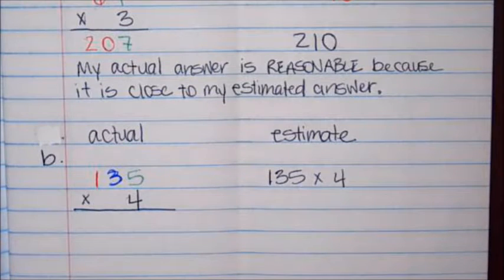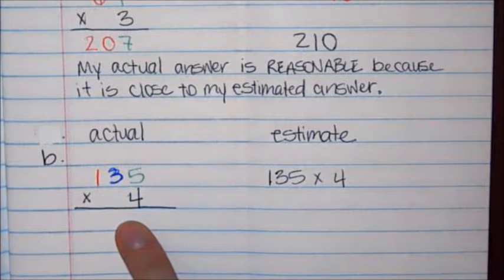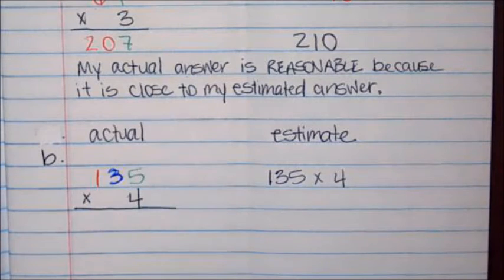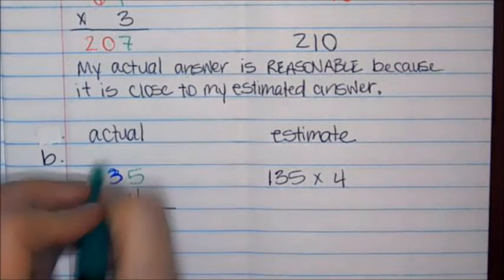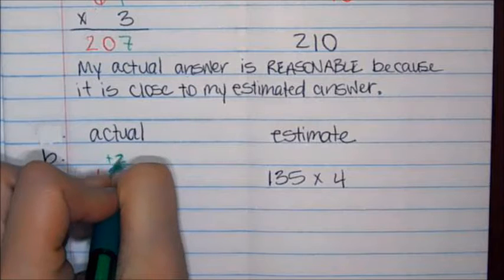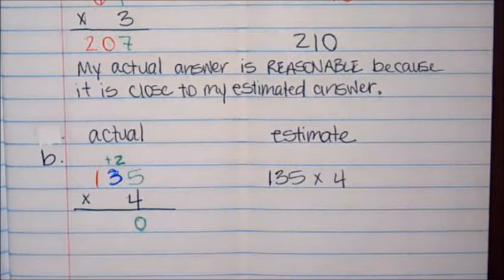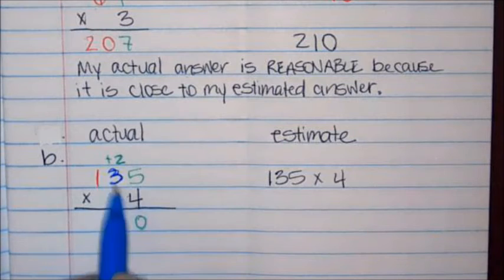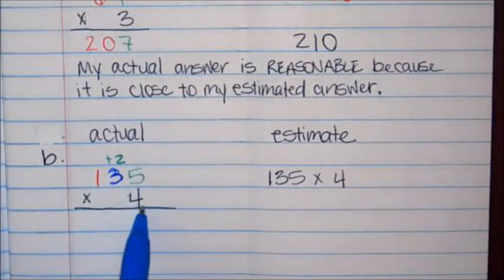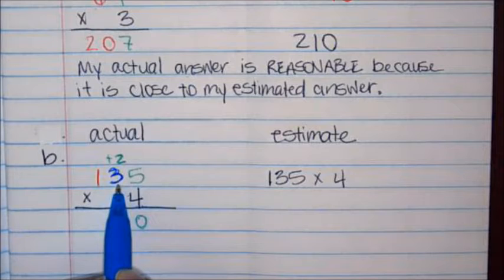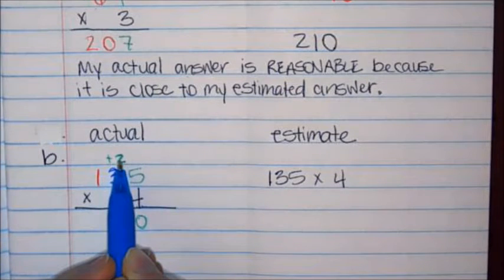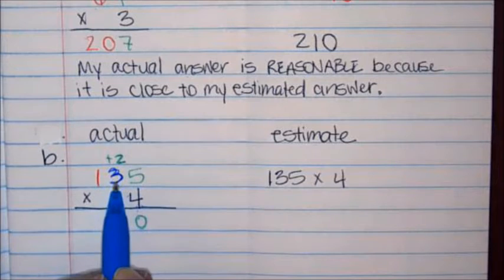Okay, so my next problem is 135 times 4. I'm going to start solving this problem. 4 times 5 is 20. So it is 0 ones and 2 tens. Then I have to do 4 times 30. The basic math fact is 4 times 3, which is 12. And then I realize that 4 times 30 is 120, plus 2 tens is 120, 130, 140.